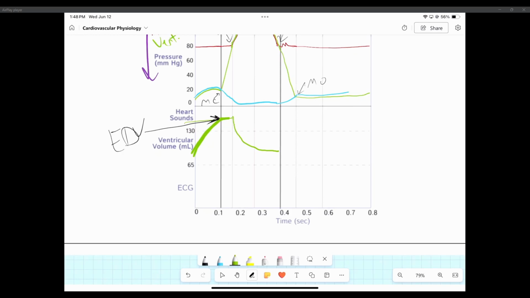What is a normal volume of blood in the heart at the end of systole? 70. Look where we are. Right around 70. So we drop to 70. This point right here is what? End systolic volume.